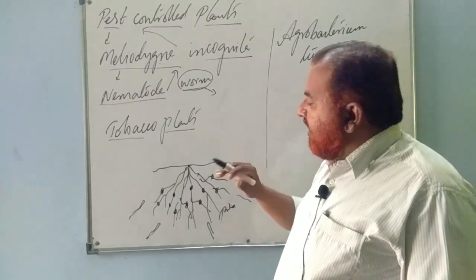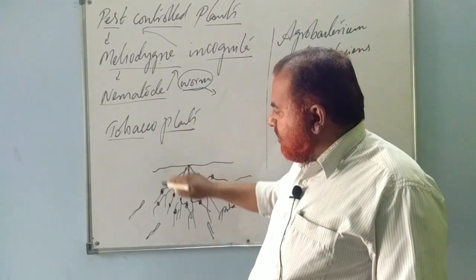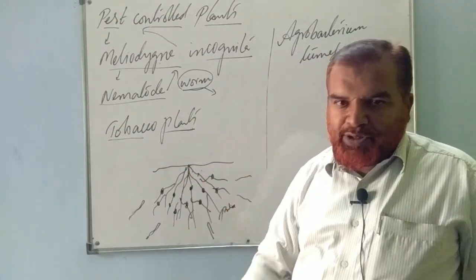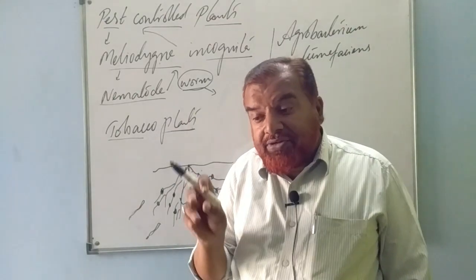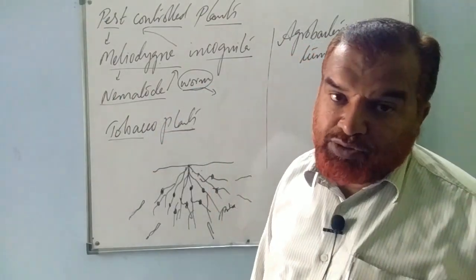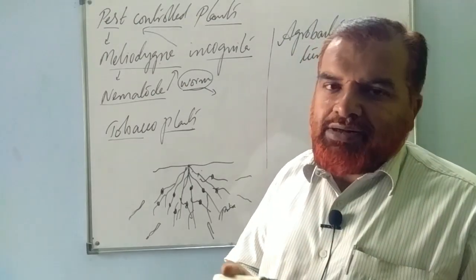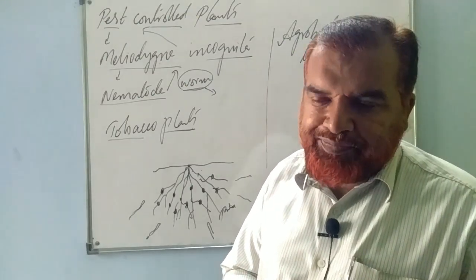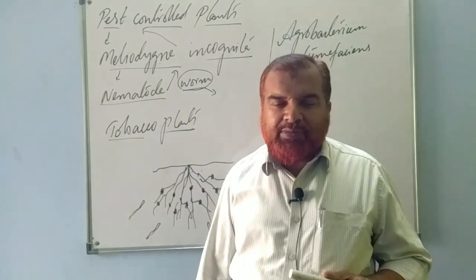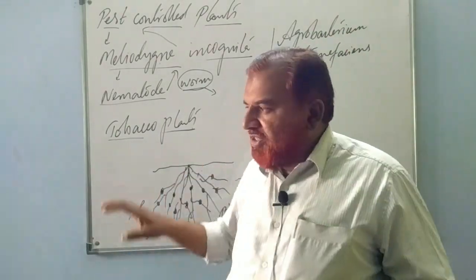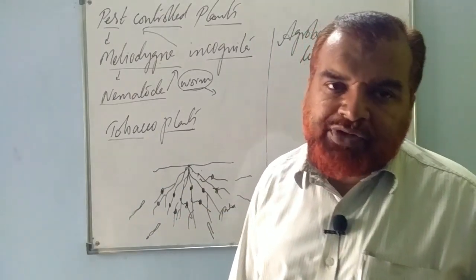Now, how does it infect tobacco plant roots? Certain chemicals, secondary metabolites, are secreted, due to which it gets attracted towards the roots of the plant. To understand this concept, you have studied mycorrhiza, biofertilizers, and how they get attracted towards the roots of the plants. They are beneficial, whereas this one is harmful.